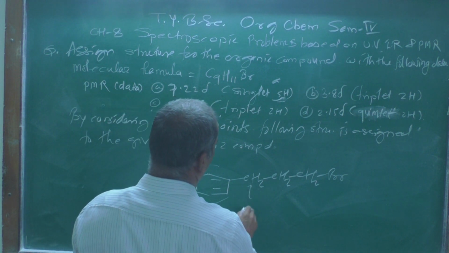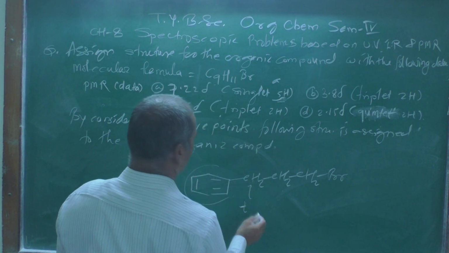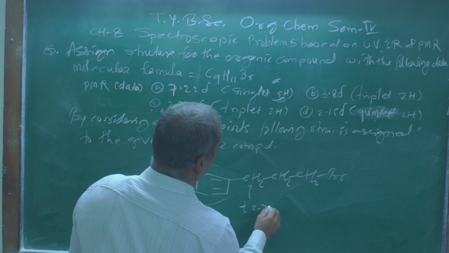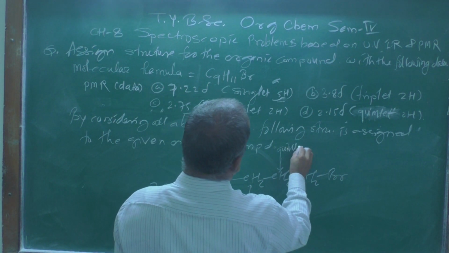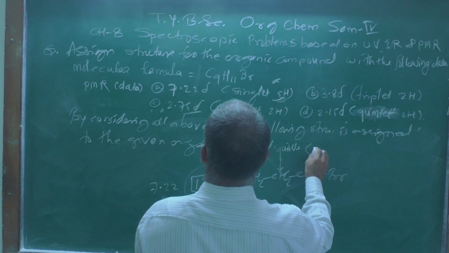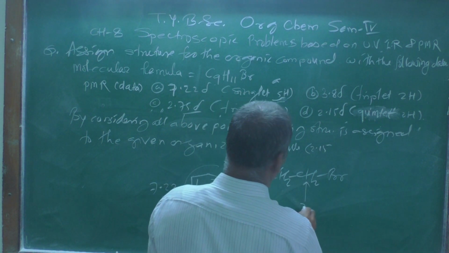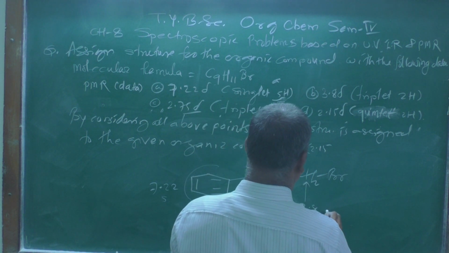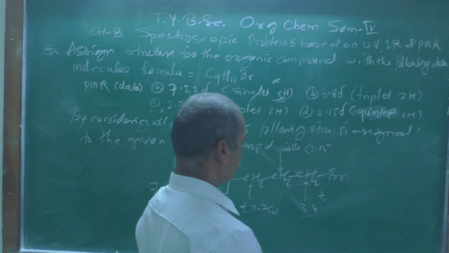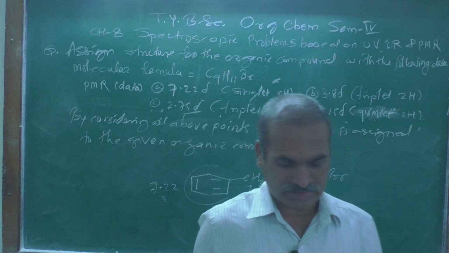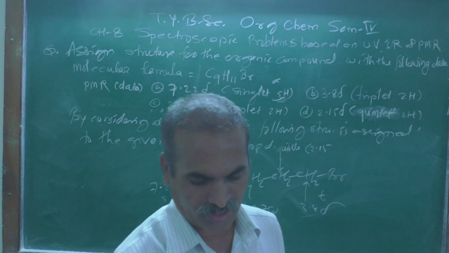Now this will be the triplet and the value is around 2.75 delta. This middle one is known as a quintet and the value comes out to be 2.15, and this is the most de-shielded. The value is 3.8, which is a triplet. So in this way we have found out the correct structure of the organic compound.